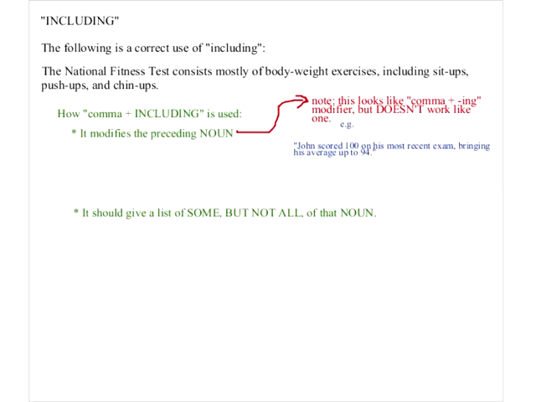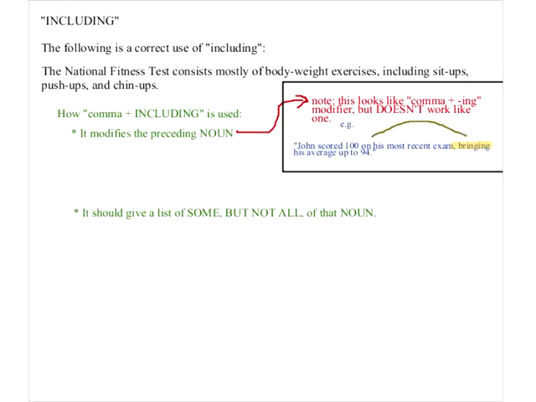The way this works is it modifies the whole clause, but not including. Including doesn't work like that. So this comma bringing right here actually modifies the whole preceding action. This whole thing.